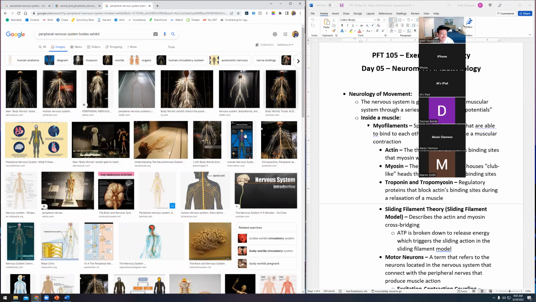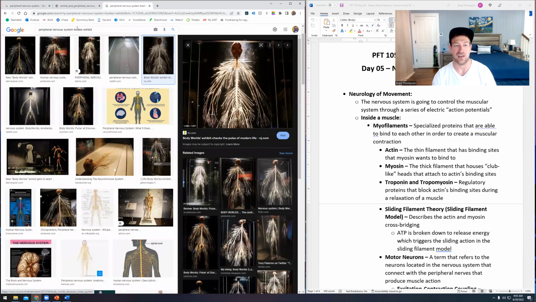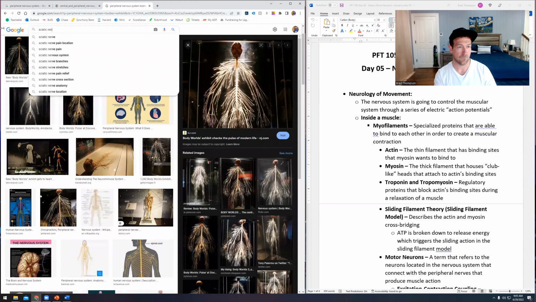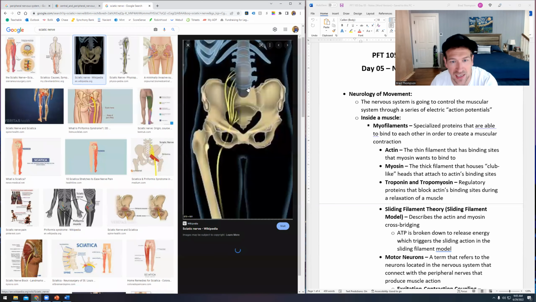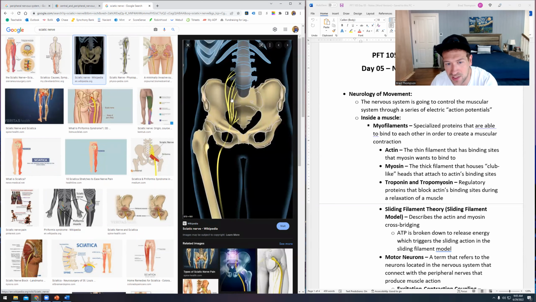So this is our peripheral system, all those peripheral nerves. If we talk about sciatica, right, your sciatic nerve is actually a bundle. You can see it branches out from the lower portions of the spine there, runs through this little hole in our pelvis. And there is this muscle called your piriformis that is attached to your sacrum. It attaches your sacrum to your femur, and it's in charge of doing a little bit of external femur rotation.